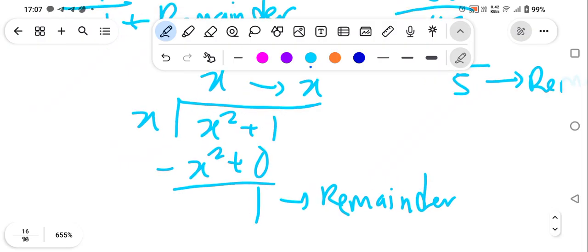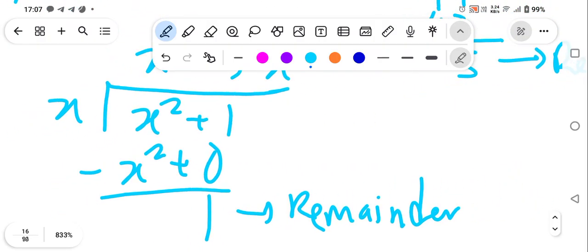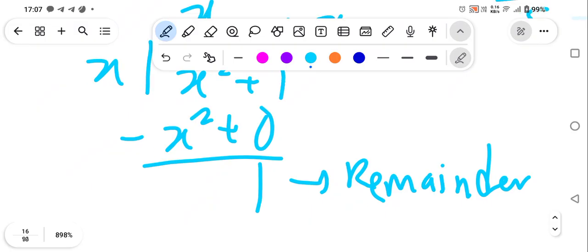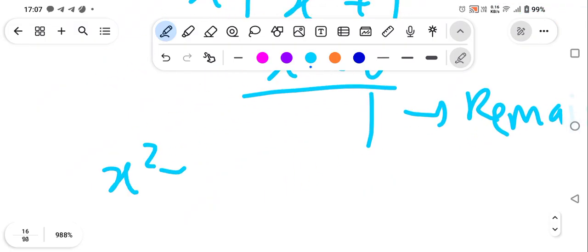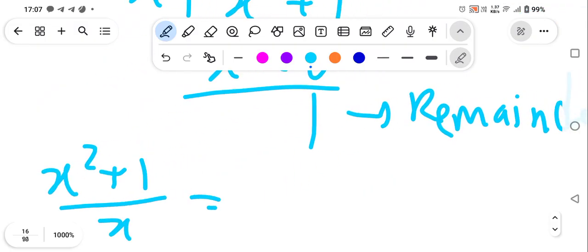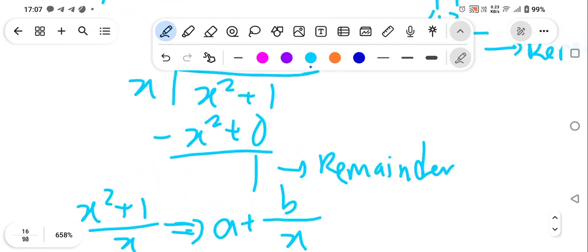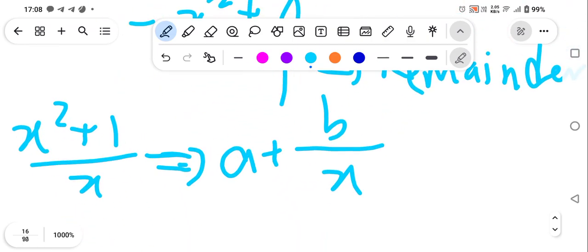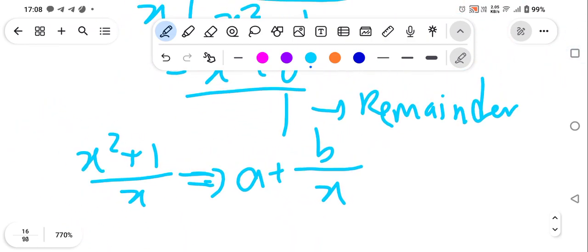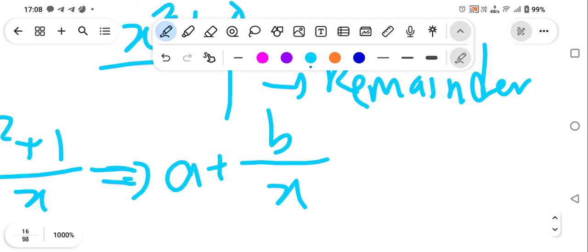So how can we write this into something that we can do like this? Well, actually the same, but instead a is not a number. a is the factor and b is the remainder.